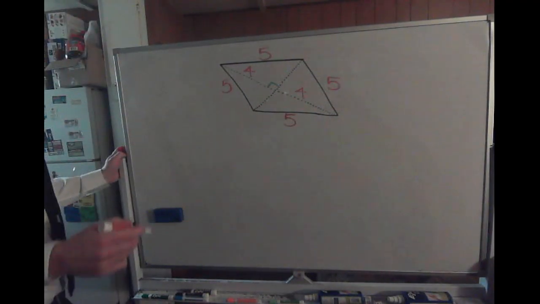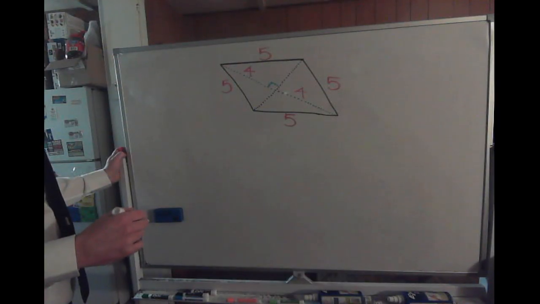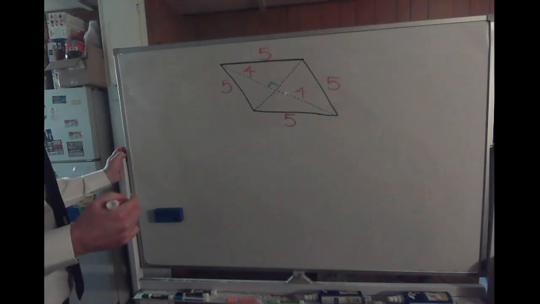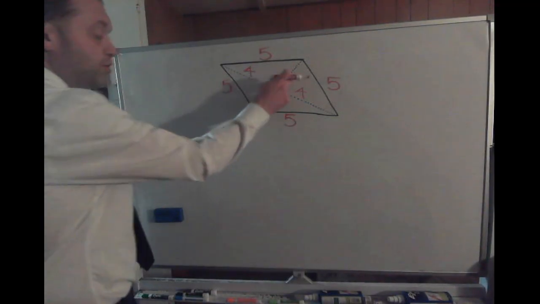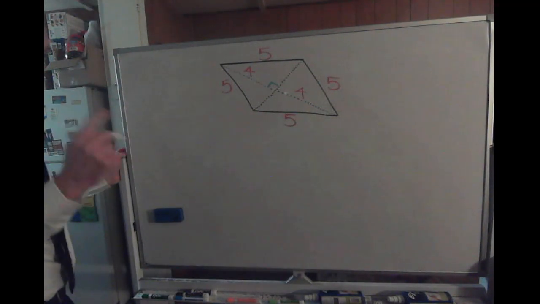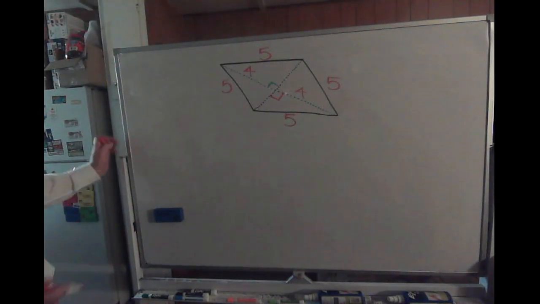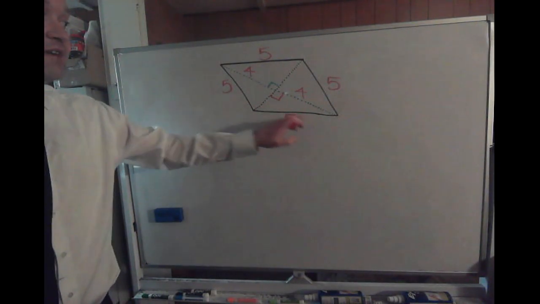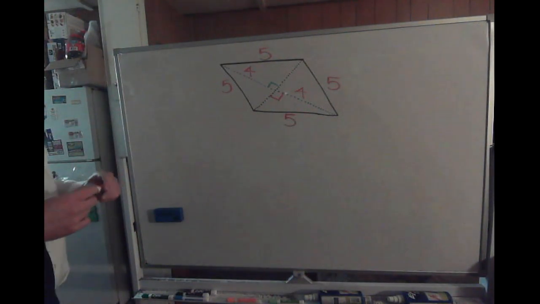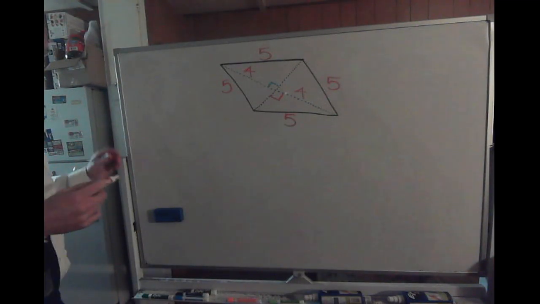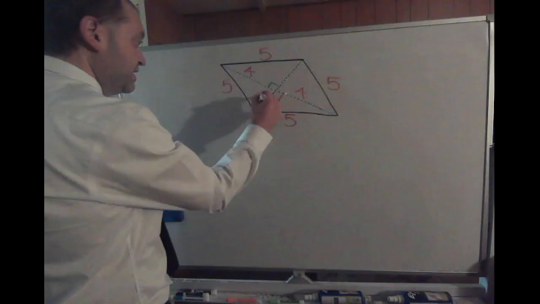Which means now that we need to find the length of at least one segment of the purple diagonal. Well, what do we know? You have 4 right triangles, right? Which means this 5 is the length of your hypotenuse. Well, let's call this length here for this leg D.